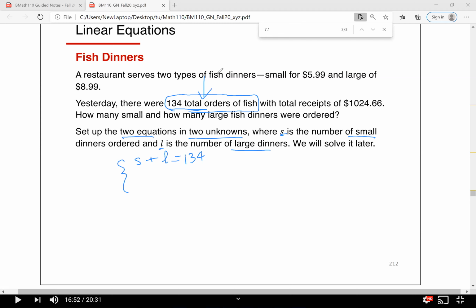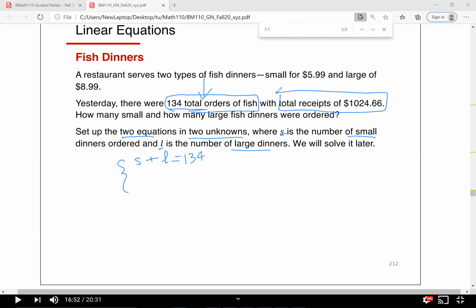And the total receipt is this. So you want to think about how much you received for each small order.